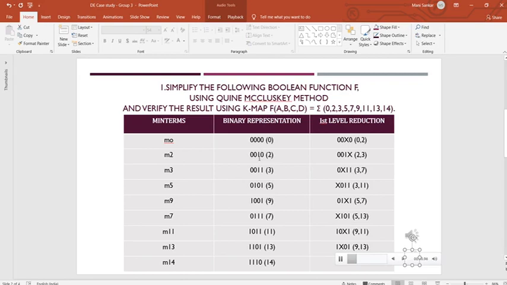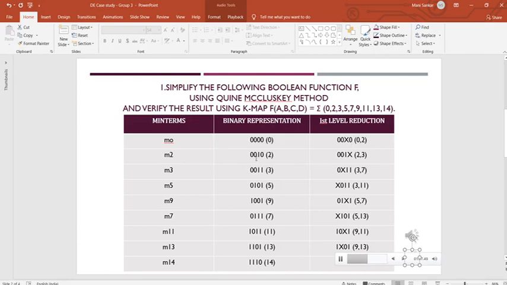If we compare both of these, only one digit is different, which is 0 and 1 in the third place. For this one different place we have to mention an x. So I represented it as 0, 0, x, 0, and also I mentioned which numbers, 0, 2.